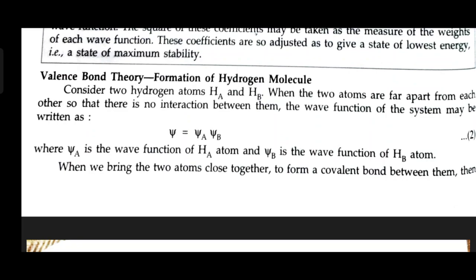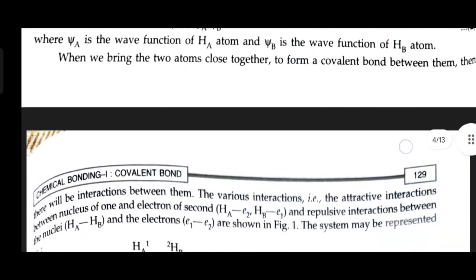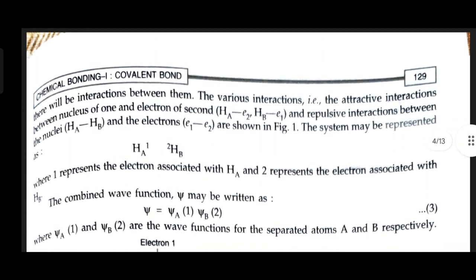When we bring two atoms close together to form a covalent bond between them, there will be interaction between them. The various interactions, that is, the attractive interaction between the nucleus of one and the electron of the second, and the repulsive interaction between the nuclei and between the electrons, are shown in figure 1.